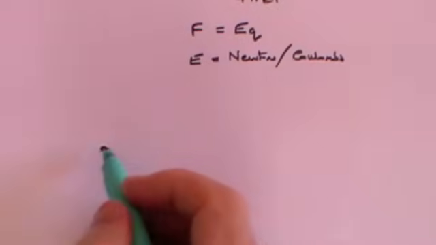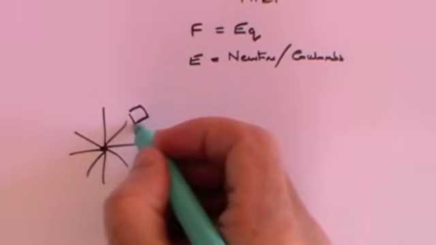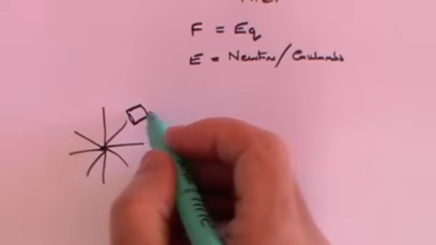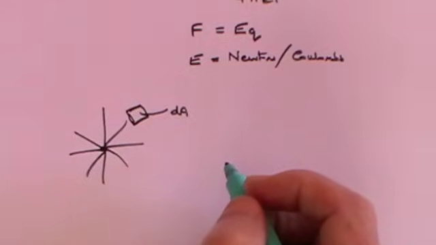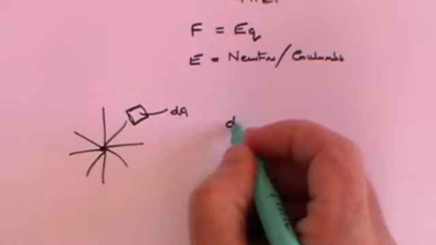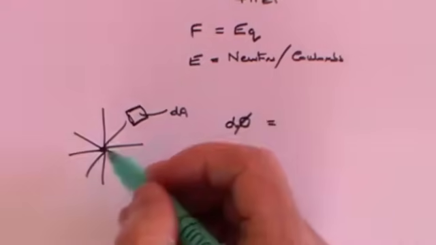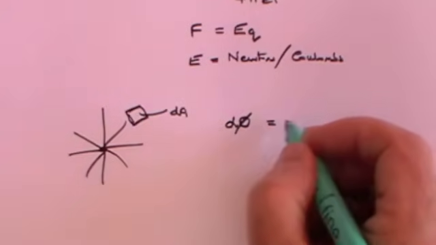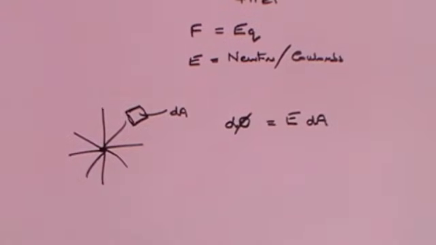So if we take our charge, again, which radiates outwards, E field going in all directions, and we want to know how much of that field goes through an area, or a window if you like, of area dA, so it's a small window, dA, then we say the flux, which is represented by the Greek letter phi, the amount of flux that goes through the window will only be a small amount of flux, so d phi is equal to the amount of the field, which is the value of the field at that point, E, times the area, dA. So it's as simple as that. Flux is the field that goes through the area.